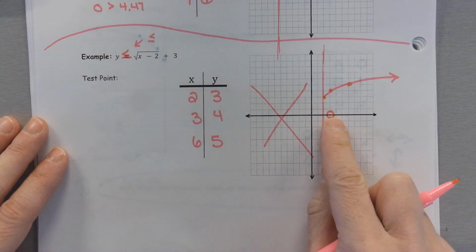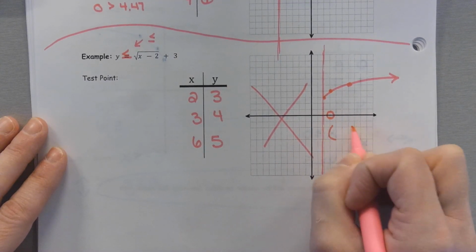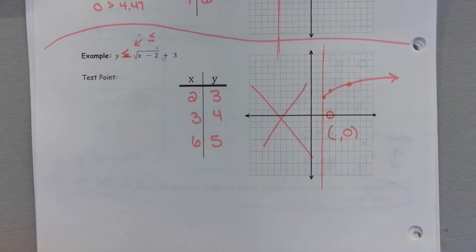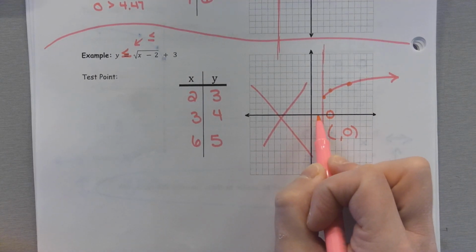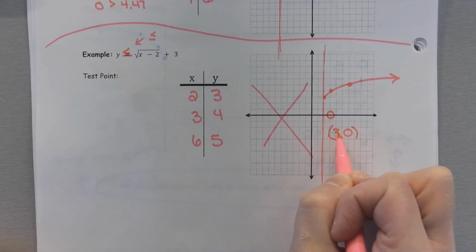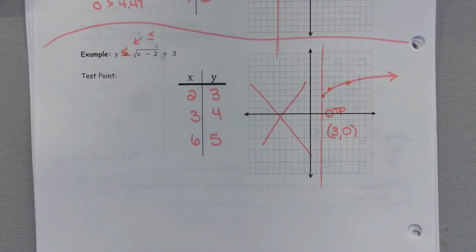Do you see how this point at least is 0 in terms of y? Okay, so in terms of x, it's at 1, 2, 3. So this is my test point right here. You can pick any test point you want. This one seemed the easiest to me because at least one of the numbers was still 0. Does that make sense?